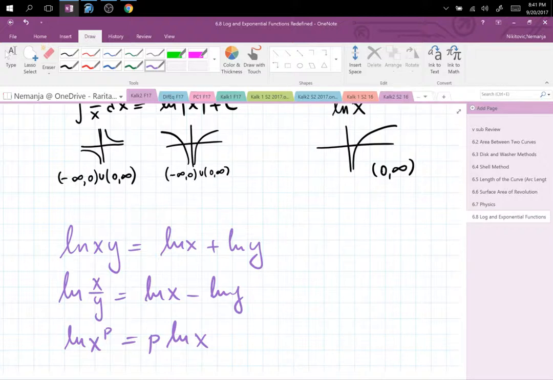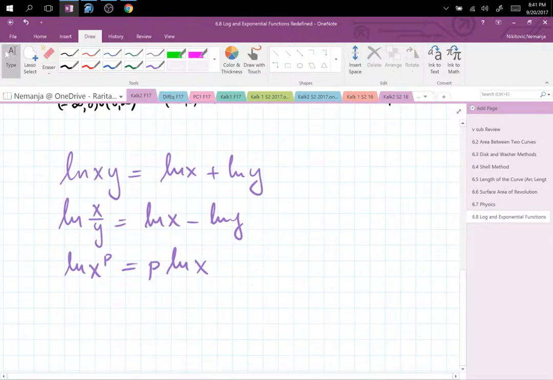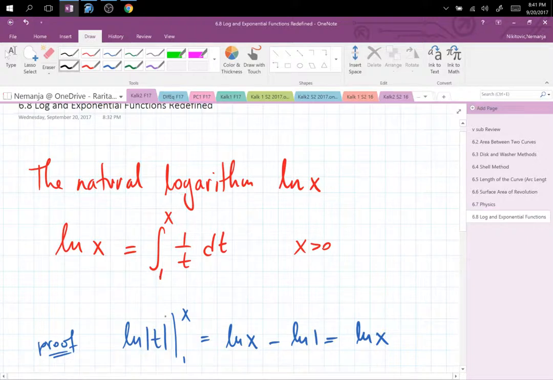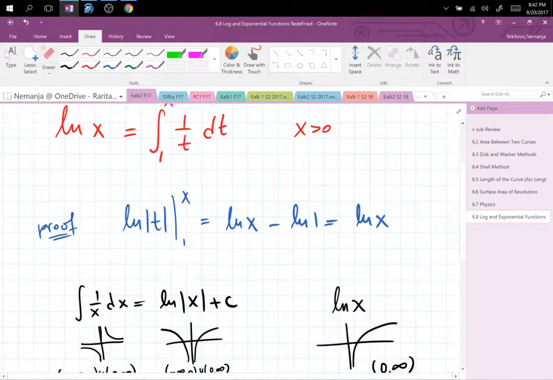The one that is really quick and interesting to see is the fact that ln of 1 is equal to 0. That's the one that's really cute. We know from Calc 1 that the integral from 1 to 1 is 0 because it has 0 width. There's no area there.